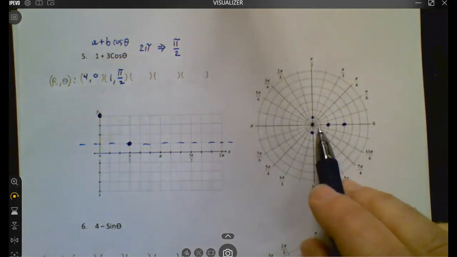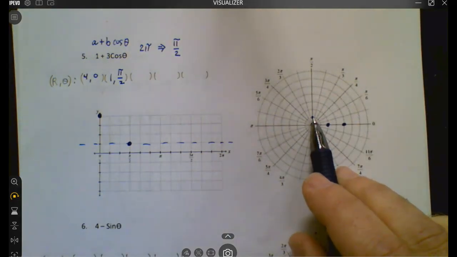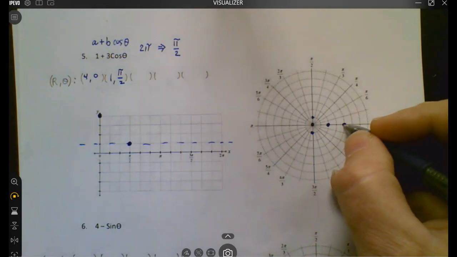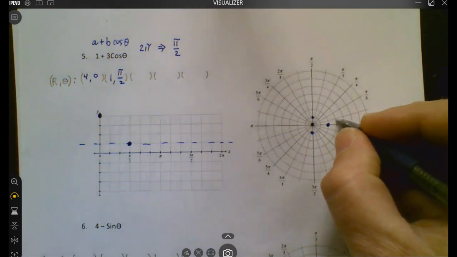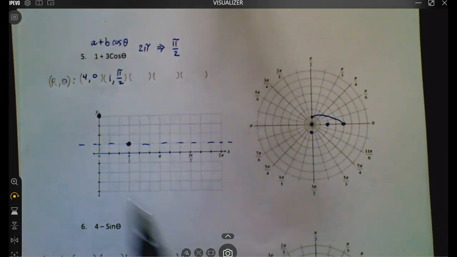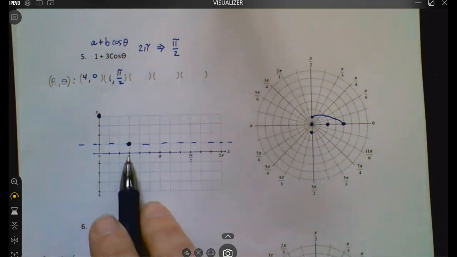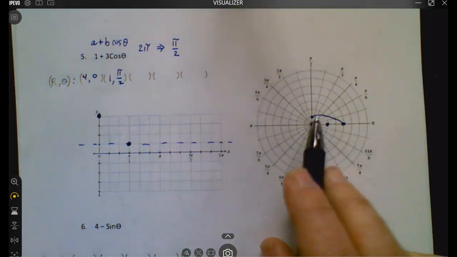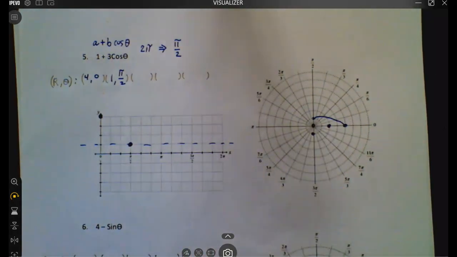So where are we seeing that on here? If I went 1, pi over 2, that's this guy. So the graph started here, and then on the next move went to there. So there's basically our first quadrant, right? From 0 to pi over 2, quad 1, that's this part of the graph.